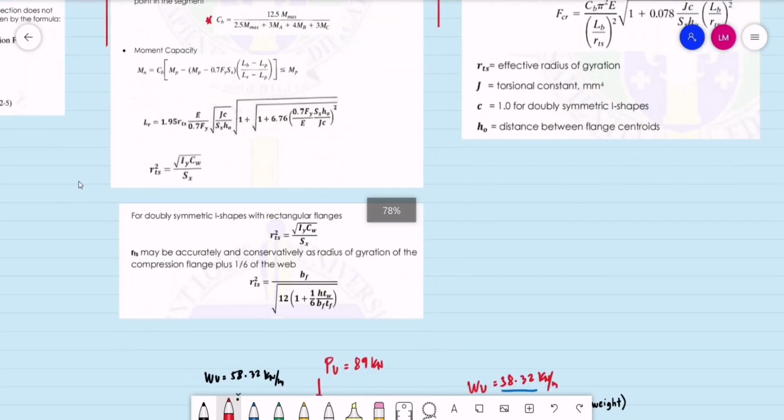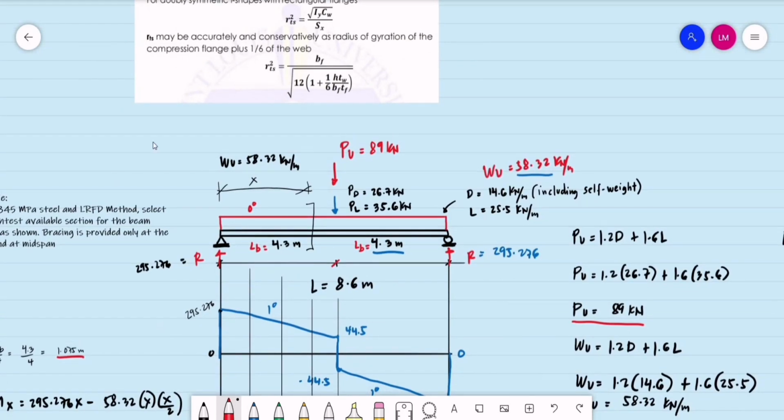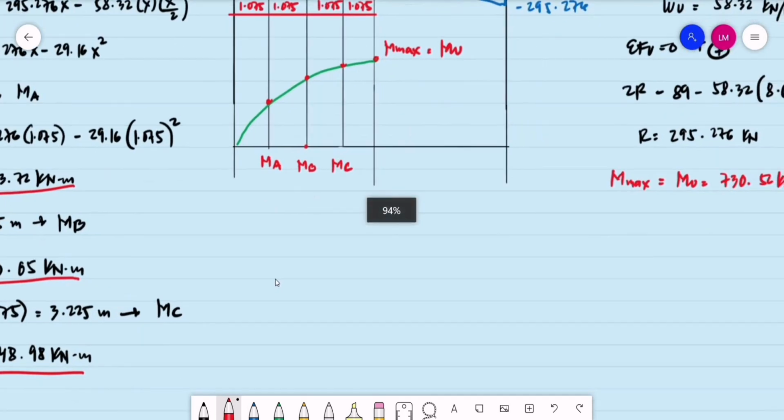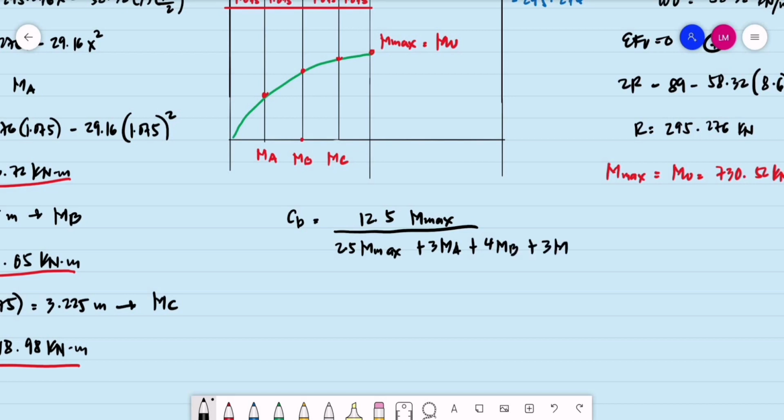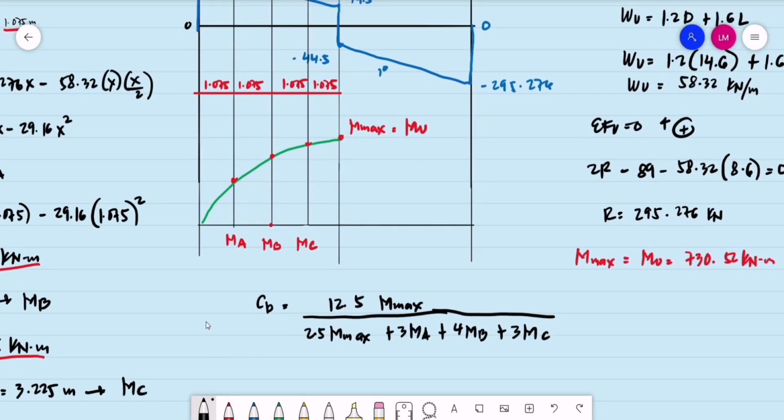Okay, so for the value of C sub B, C sub B is equal to 12.5 of the maximum moment, M max, divided by 2.5 of the maximum moment, plus 3 times the moment at A, plus 4 multiplied by the moment at B, plus 3 times the moment at C. Let us double check this equation.